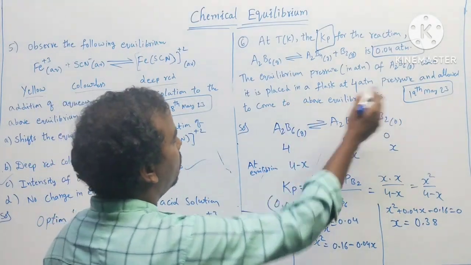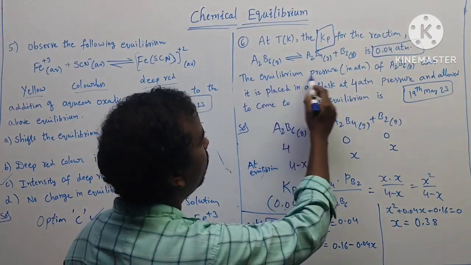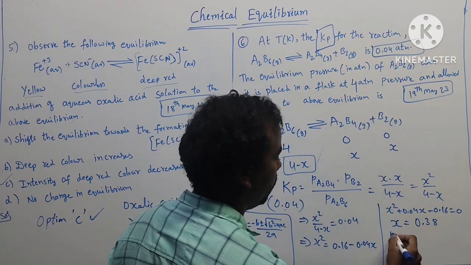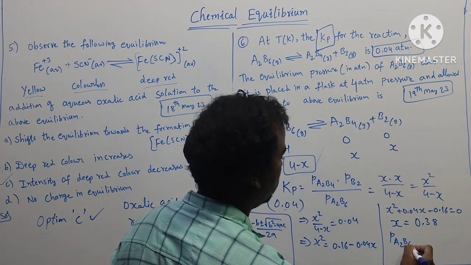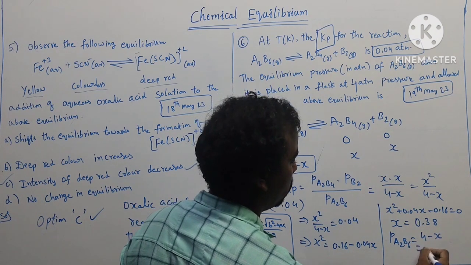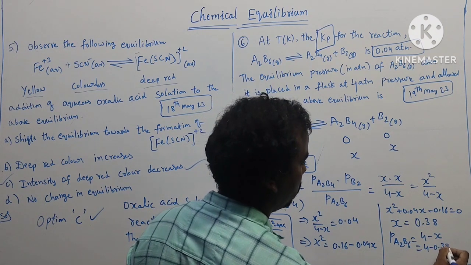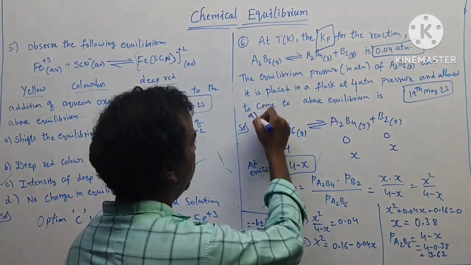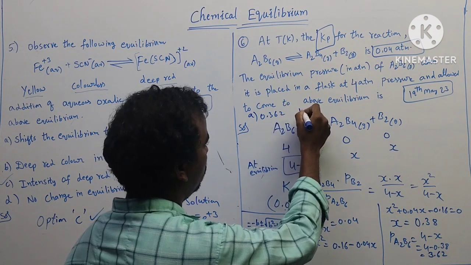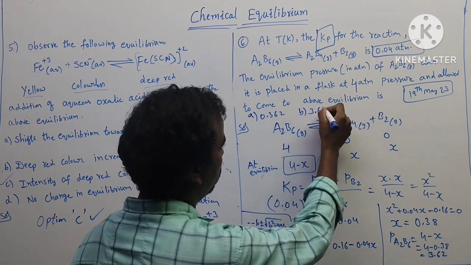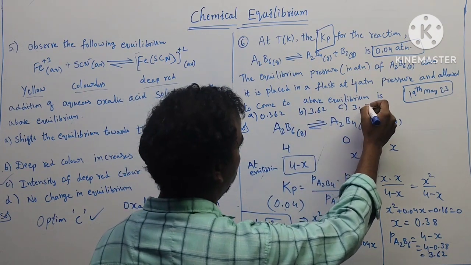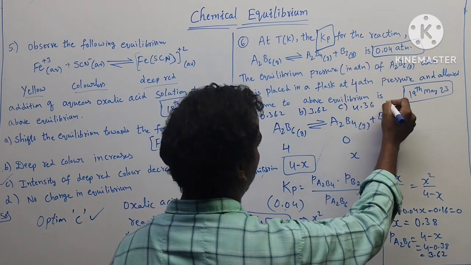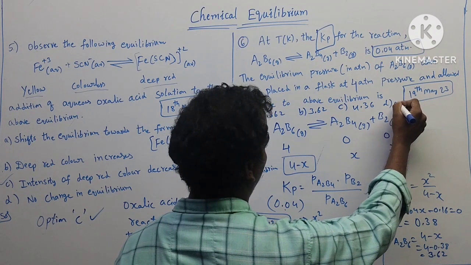But the question asked for the equilibrium pressure of A₂B₆, which is equal to 4 minus x. So 4 minus 0.38. Here the options are 0.362, 3.62, 4.36, 0.46.